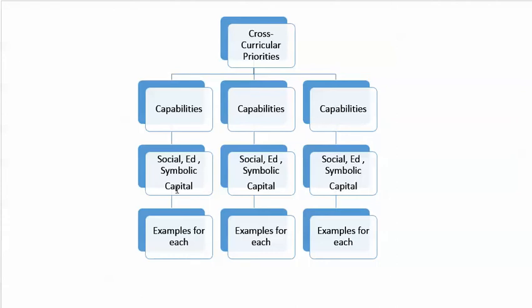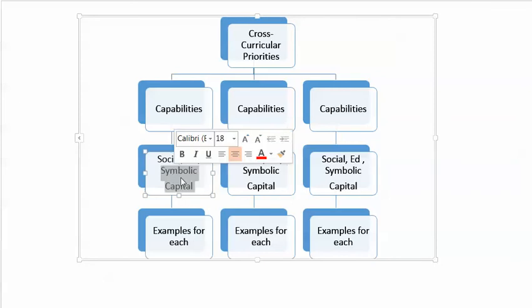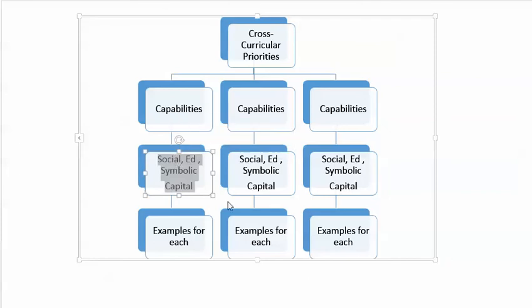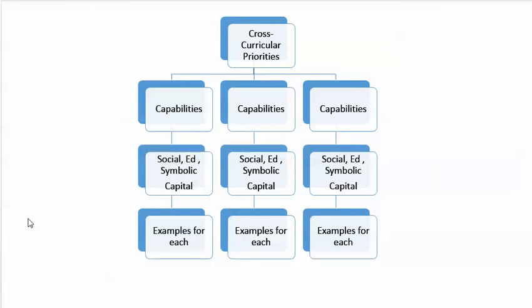We will be talking also in ELA 200 about social, educational, and symbolic capital in relation to each of those capabilities and graduate attributes, because they allow us to break them down, and also to look at the outcomes integrated under each capability in a more helpful way.